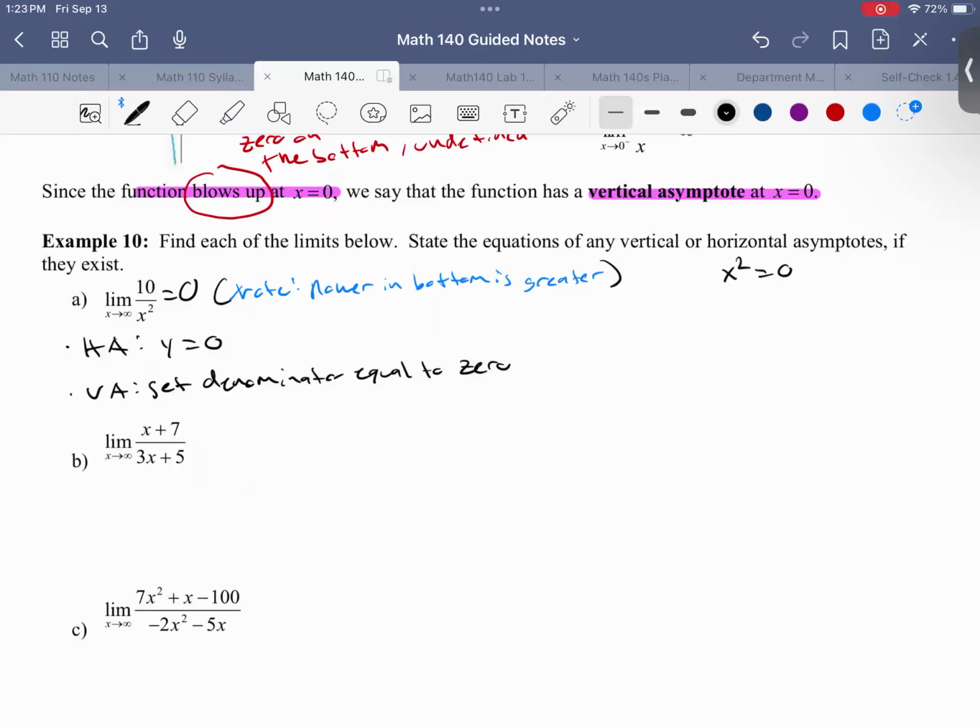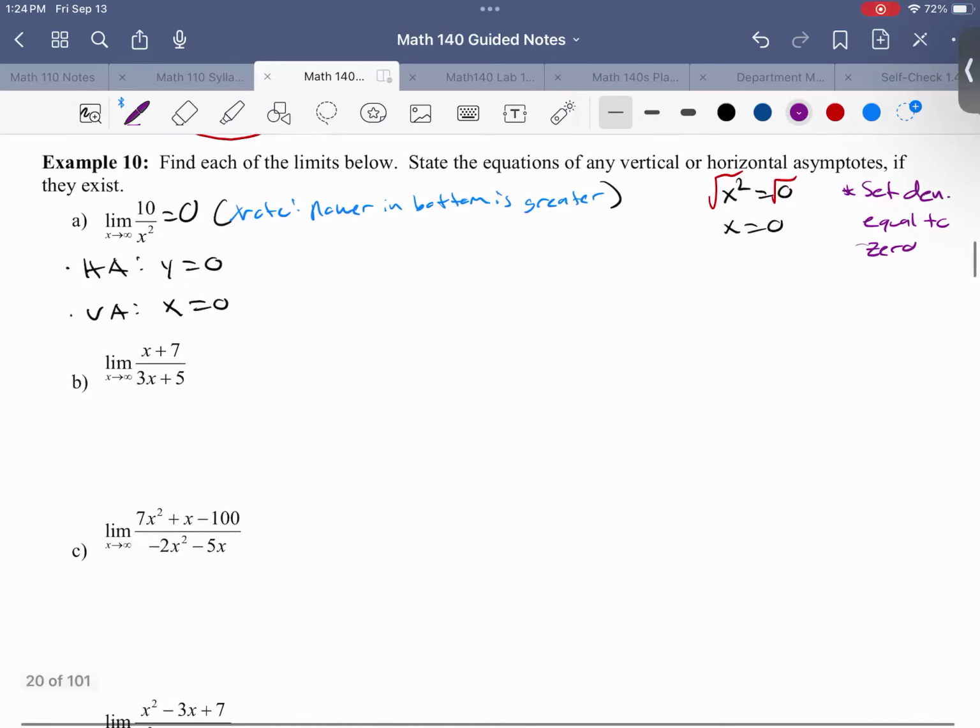And then you can take the square root of both sides. You should get x just equal to 0. So let me erase this. And then I'll just write vertical asymptote is just x equals 0. And I'll make a note over here. Set denominator equal to 0. Okay, and that's how you would do that problem.